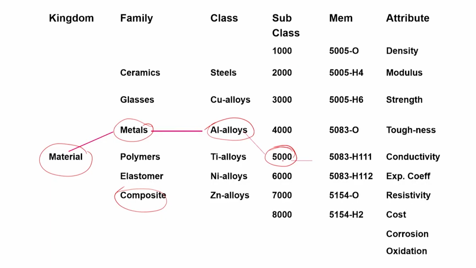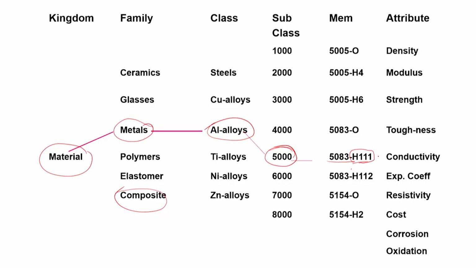Now, 5000 series does not end there. 5000 series has many varieties, but we will go for typically 5083 series, which also is to be strain hardened. So, in strain hardening itself, you can see 5083 has many varieties, but the best variety of strain hardening is H111.